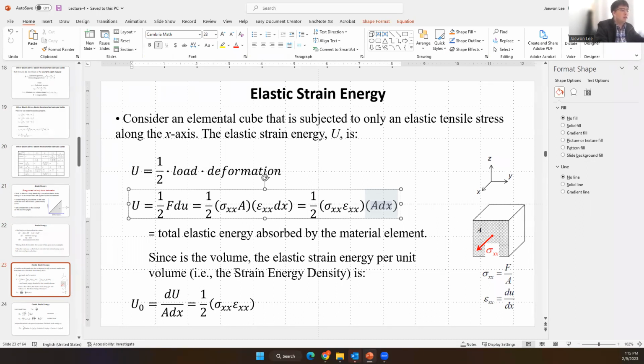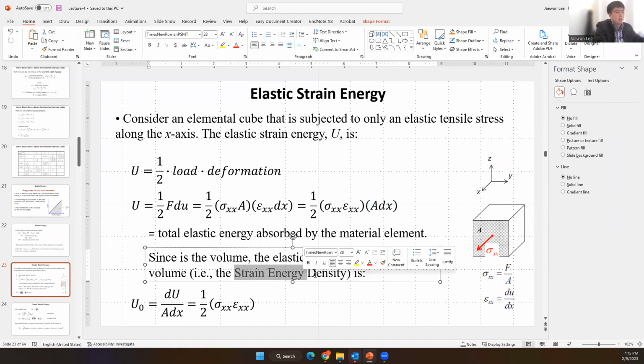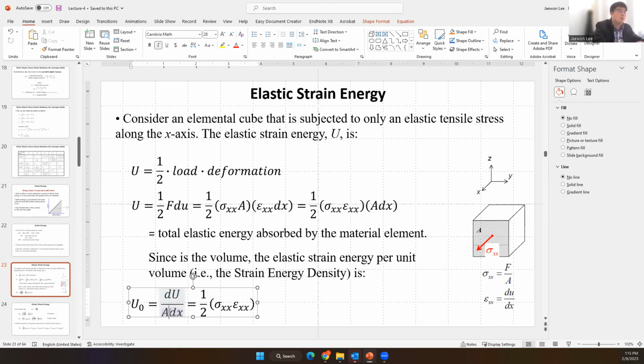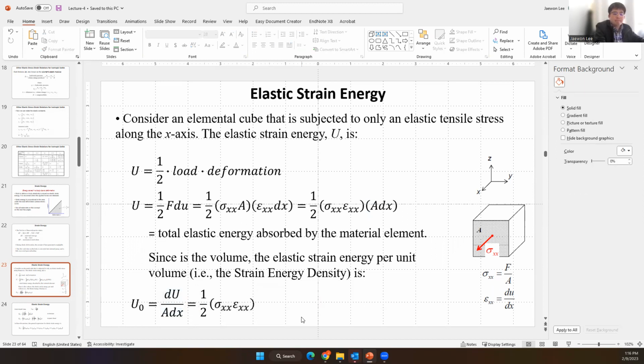If we focus on the strain energy density, we can calculate it as the energy dU over the volume, and then we can calculate this relation.